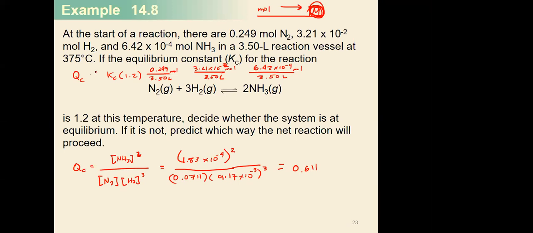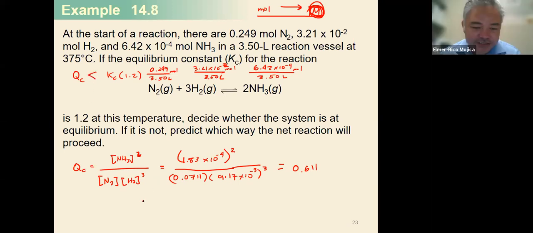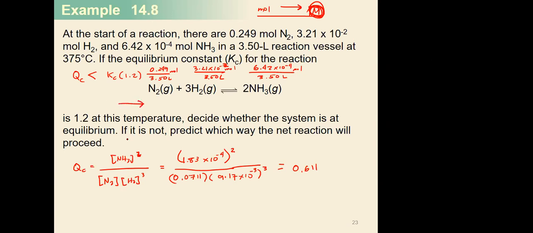Less than. So what does it say? If it's less than, which one is favored? What do you need to do so that the reaction will reach equilibrium? Which reaction should be favored? Okay, since this is less than, you need to push the reaction from left to right.